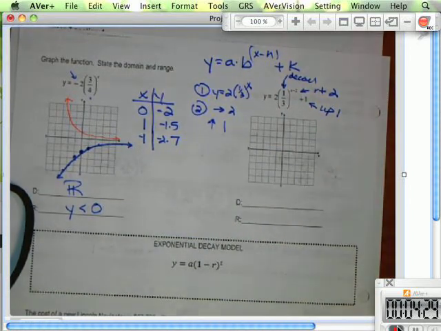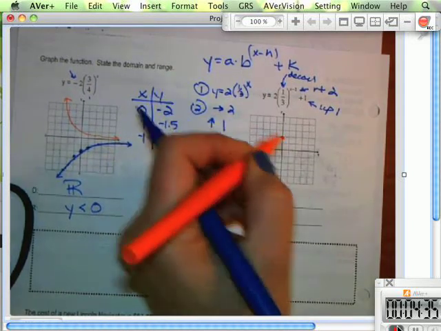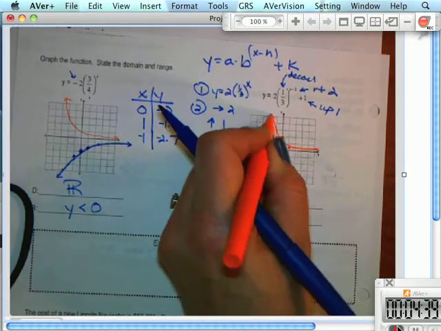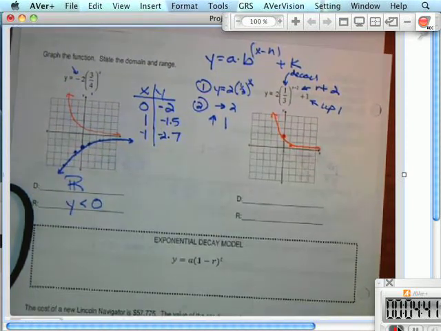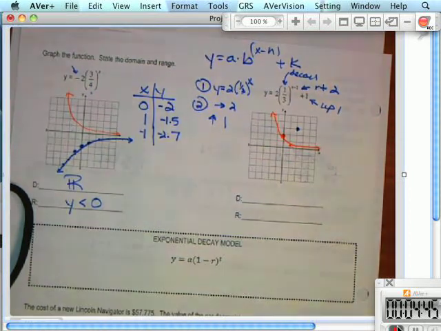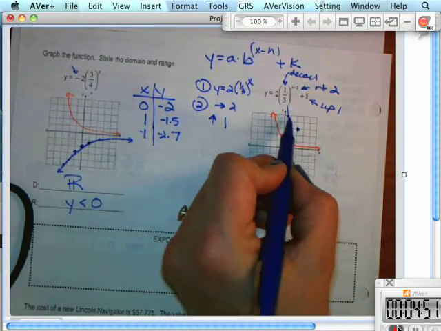I don't even have specific points for this. I know it starts here. It starts kind of here. This is my starting one. And from this point, it goes right 2, up 1. Okay? And then you can get points off the table. I don't really have specific points, but it kind of goes like this. What is the asymptote?